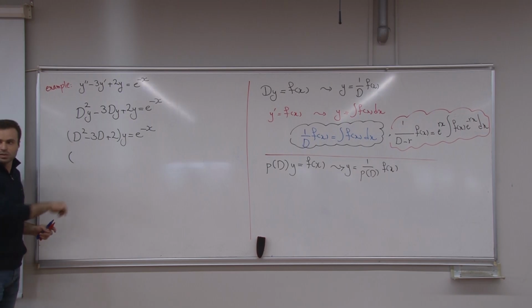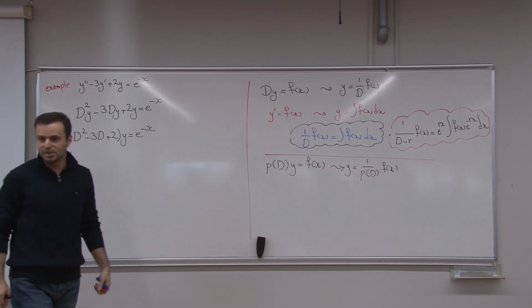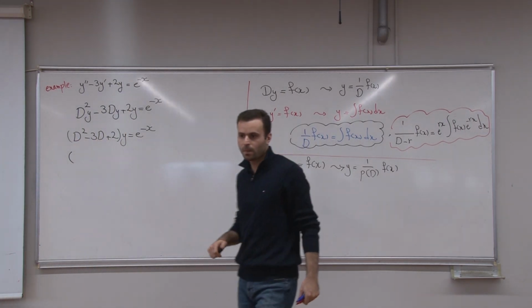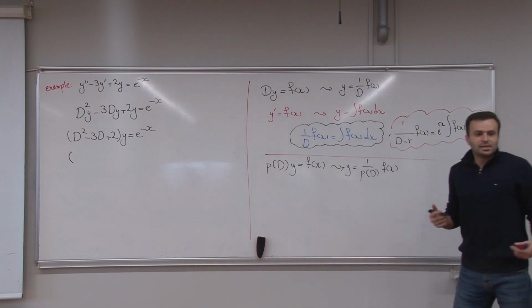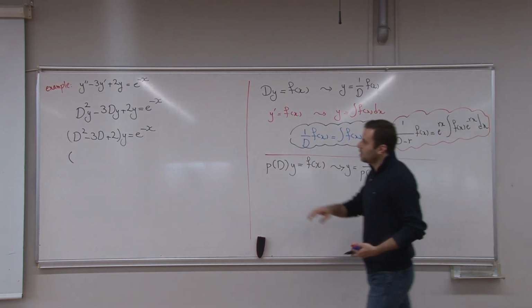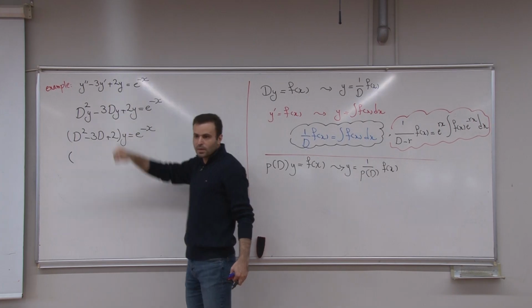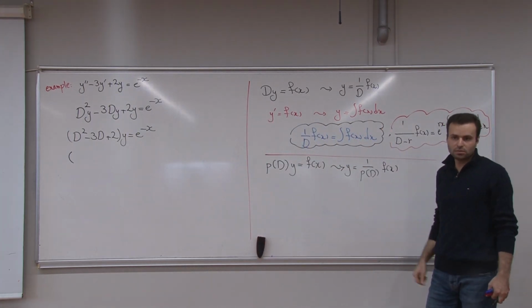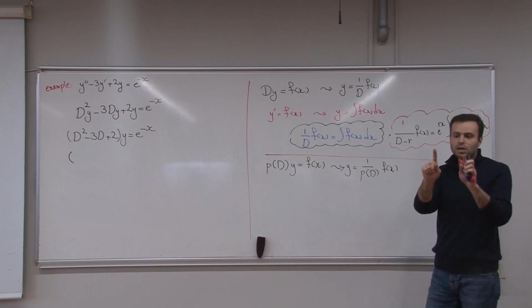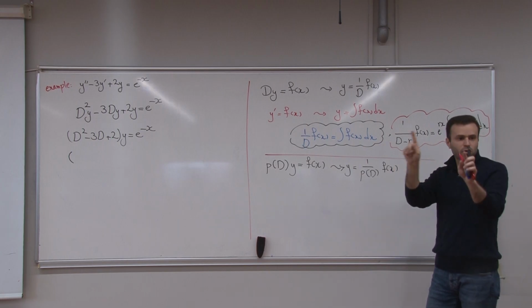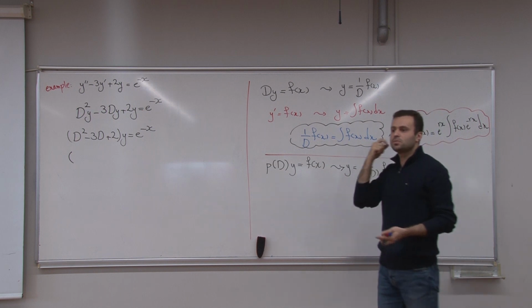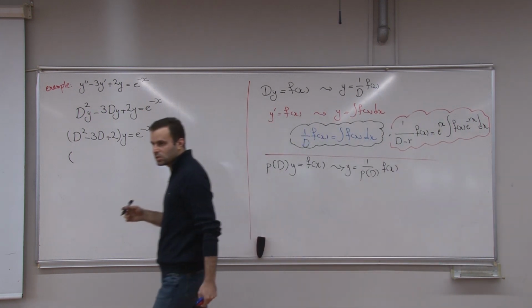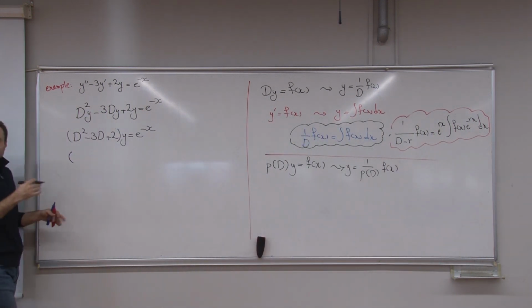D minus 2, D minus 1. Which one of them is the true version? Since our equation is with constant coefficients, we have shown that you can change the places of these two operators. So it really doesn't matter. And since it really doesn't matter, we can write as we like it.